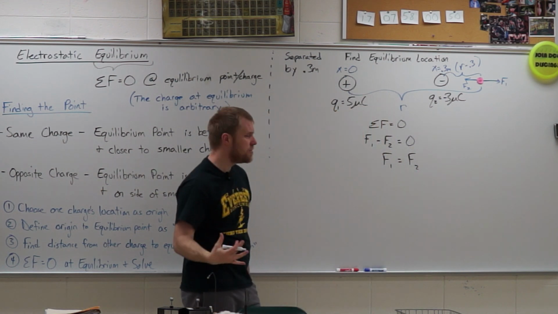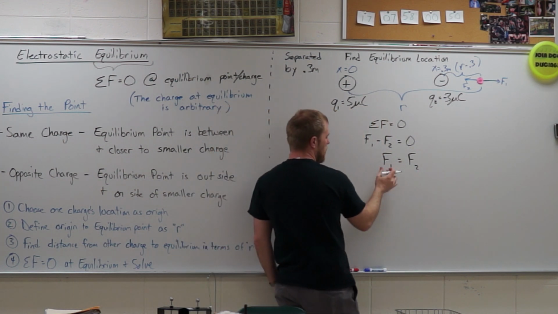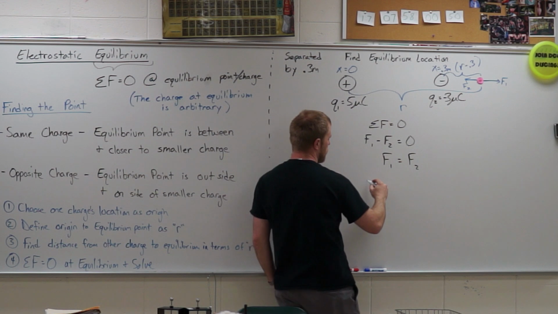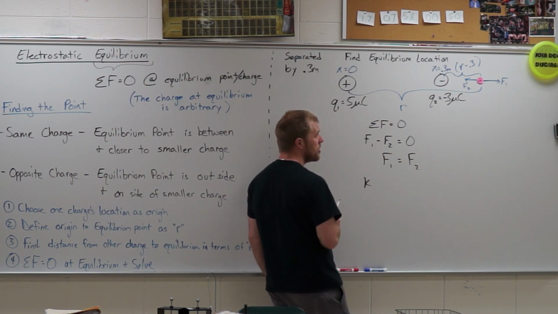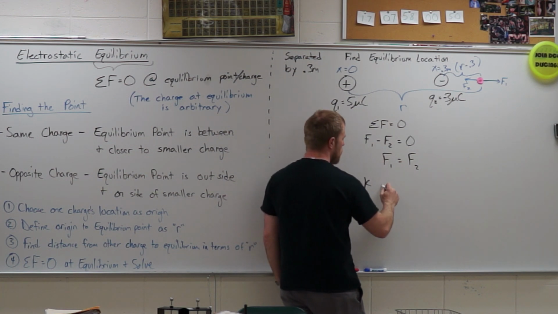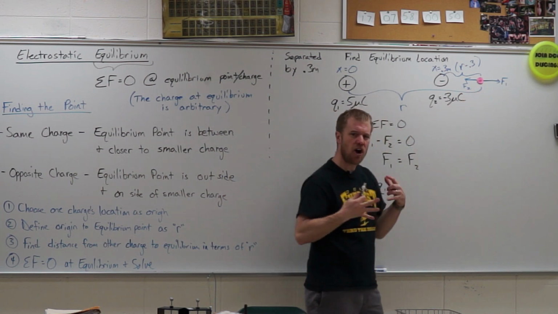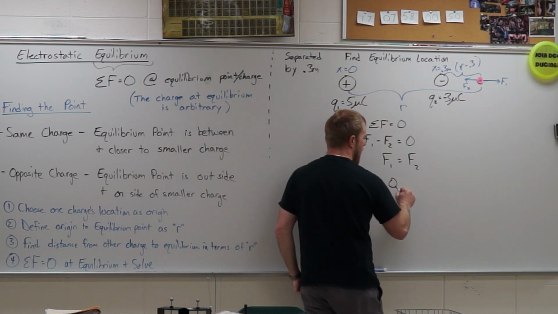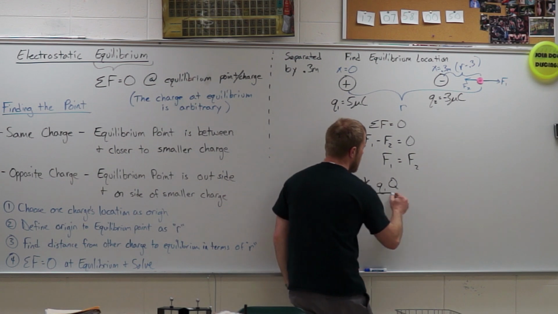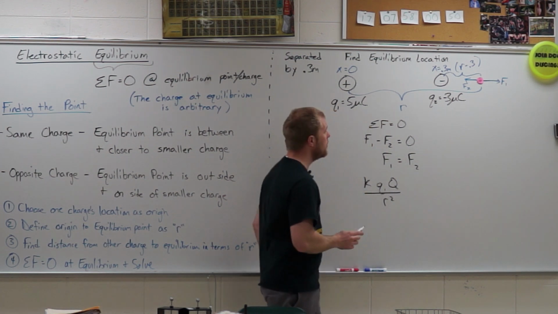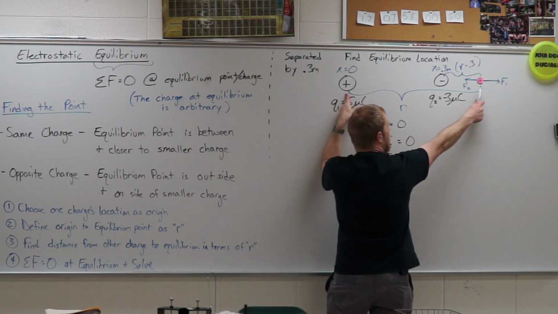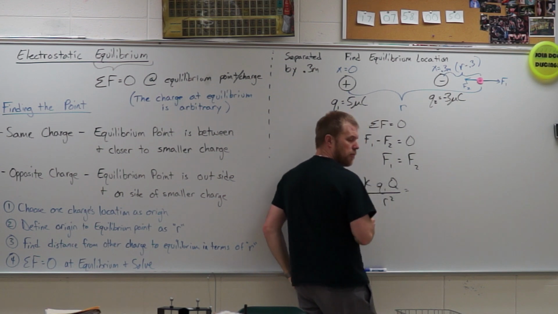And now I'm going to make my substitution using our force between two charged particles. So I have K times the two charged particles involved for force 1, which is going to be charge 1 and my equilibrium charge. Because it's arbitrary, I'm just going to call it capital Q, divided by the distance between them squared, which is r squared, between charge 1 and my equilibrium point.